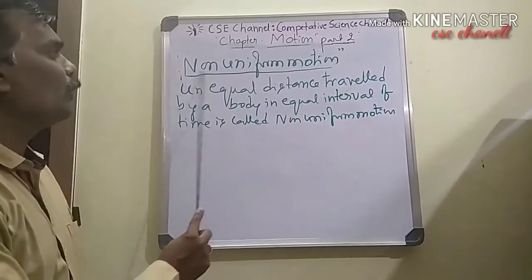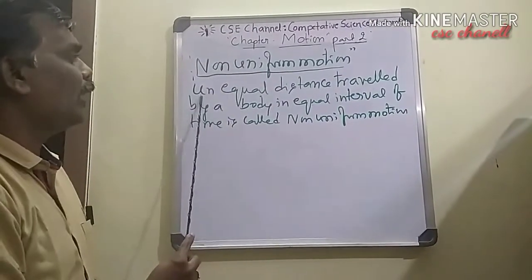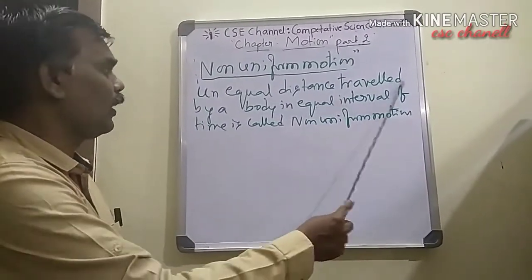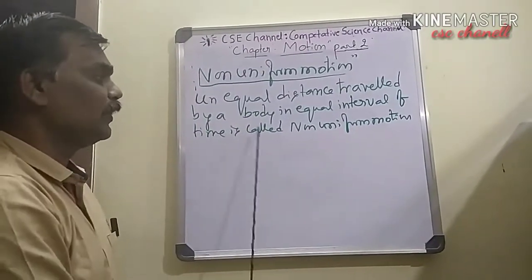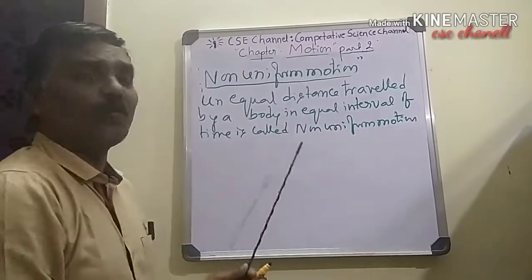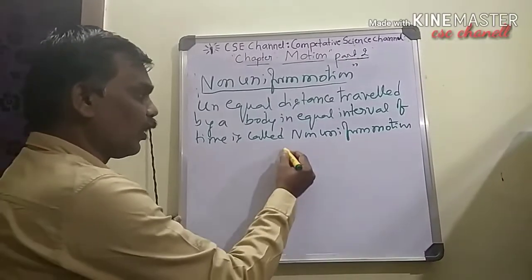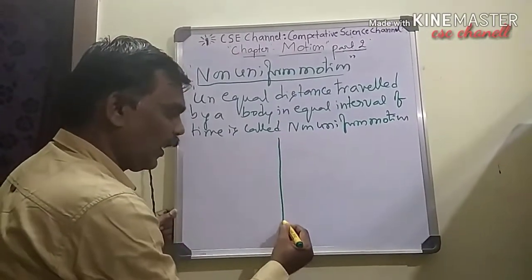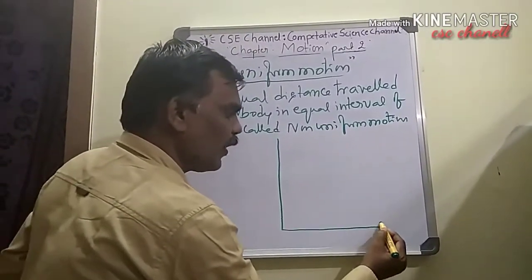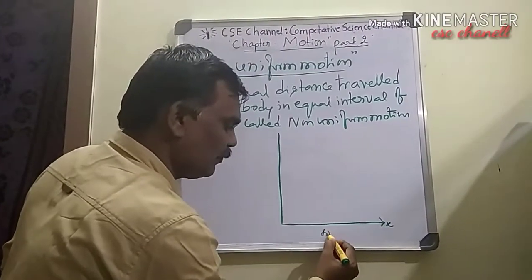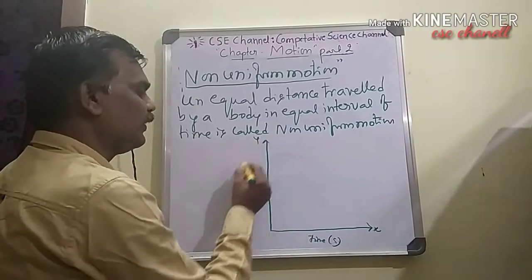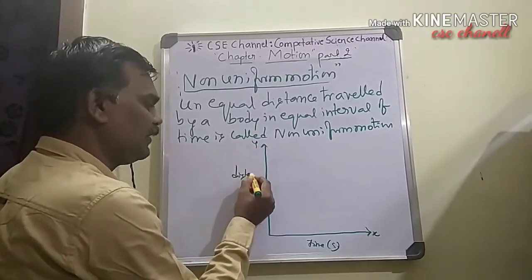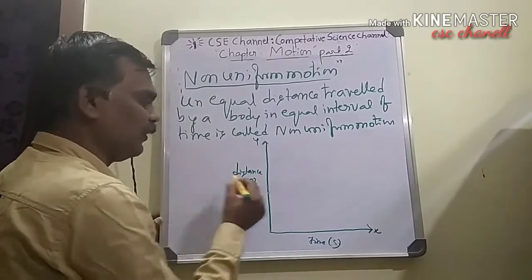Now, non-uniform motion. Unequal distance travelled by a body in equal intervals of time is called non-uniform motion. Example, in the graph, the x-axis we have taken as time, measured in seconds, and the y-axis we have taken as distance, measured in meters.